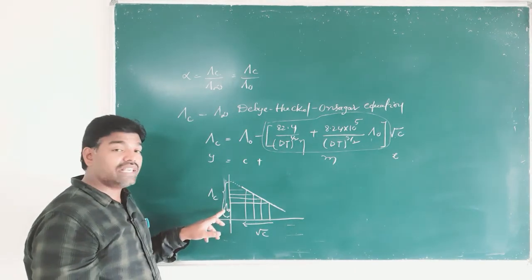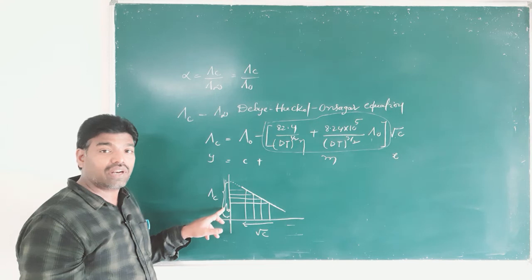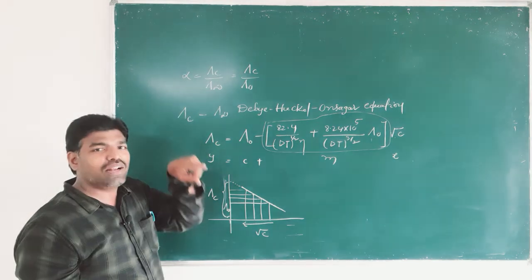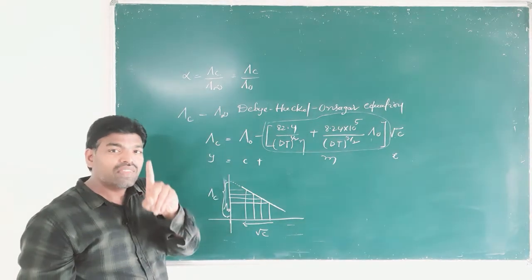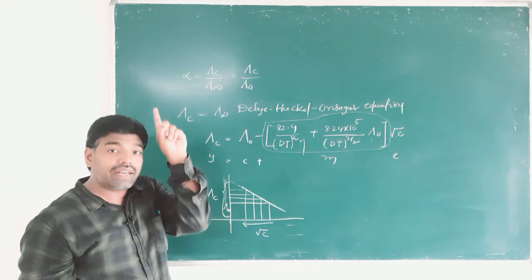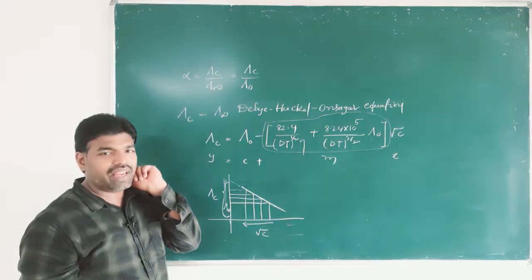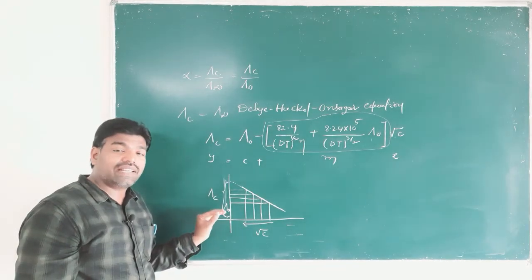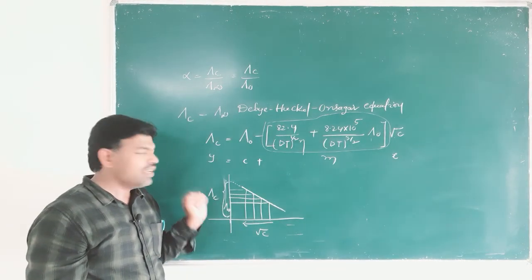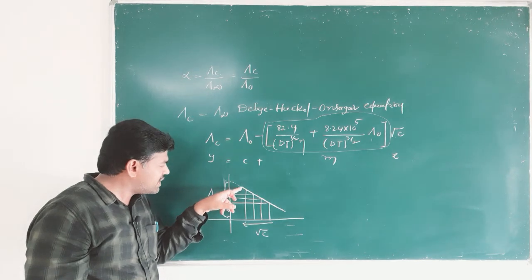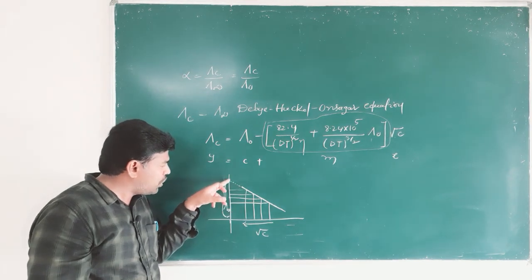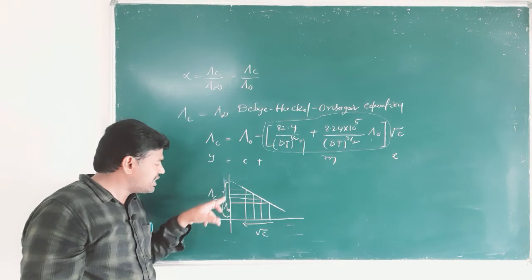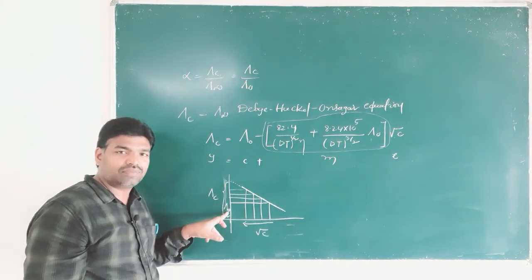Lambda naught is the equivalent conductance of an electrolyte at infinite dilution. Already I told you lambda naught is greater than lambda c, because on dilution equivalent conductance increases. So by extrapolating this straight line up to 0, we can get the intercept value lambda naught, right?